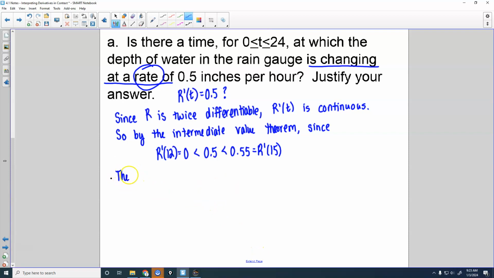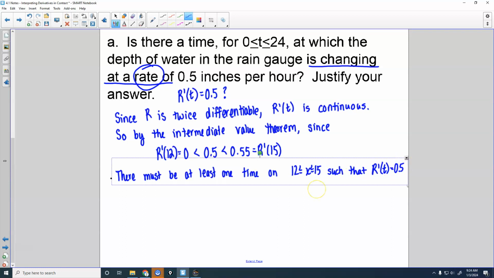There must be at least one time t on 12 less than or equal to t less than or equal to 15 such that R prime of t equals 0.5.